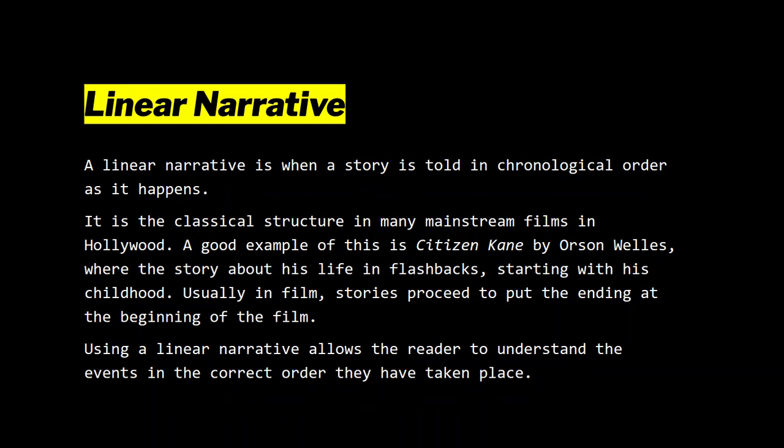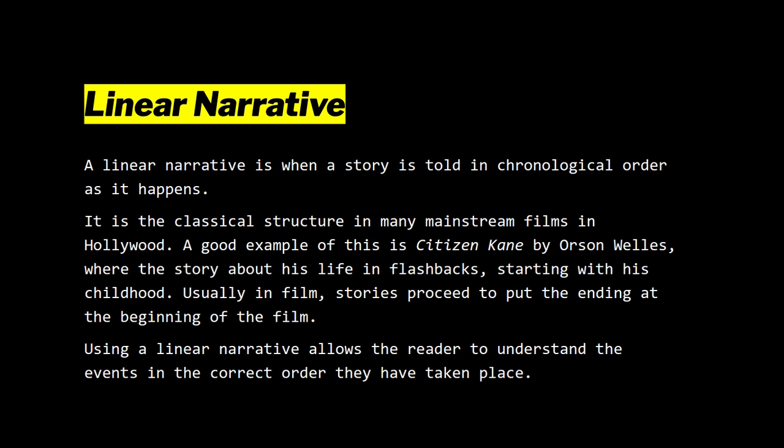Sometimes it does change the way that it's ordered, but you can follow through with it because you know what's happened, and it's obvious basically that his life at the end ties in with the beginning. Sometimes they put the ending at the beginning of the film, then the flashback appears to show the beginning of the story of his life basically.